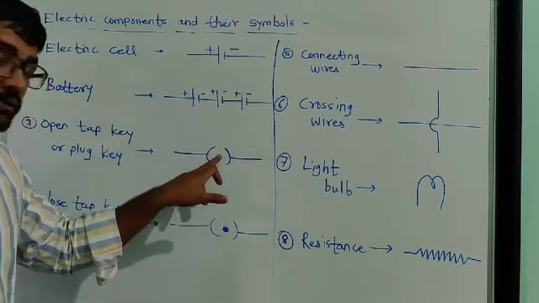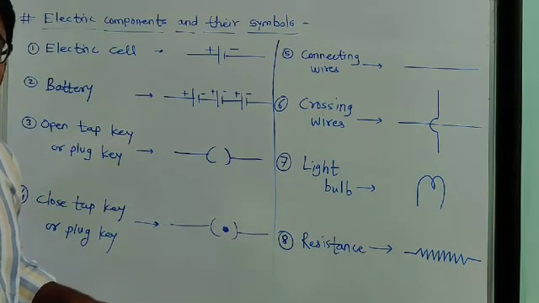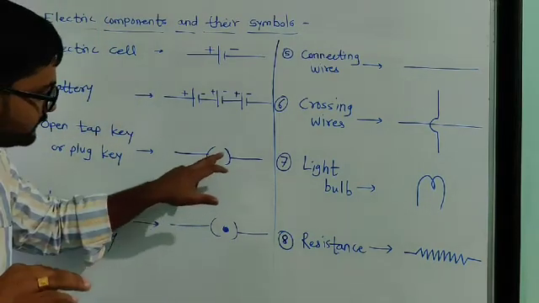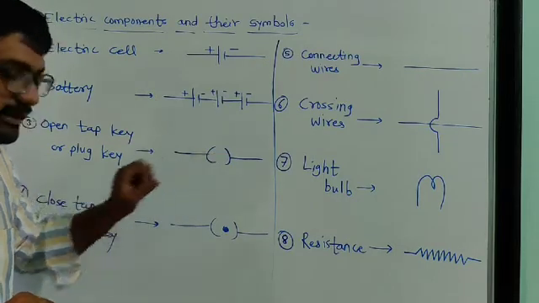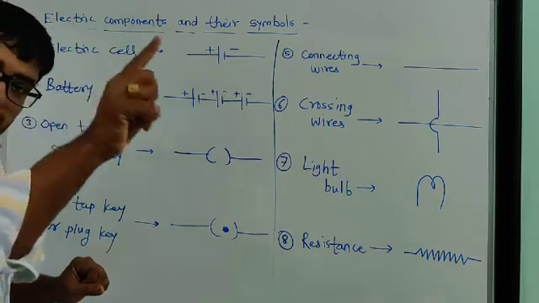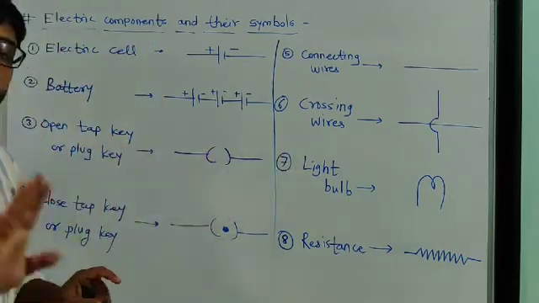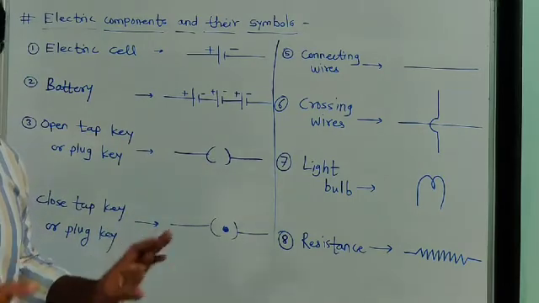Open simply means off. If such a symbol is connected to the electrical circuit, it means our electric button is off. Due to that, electric current is not flowing through that circuit.